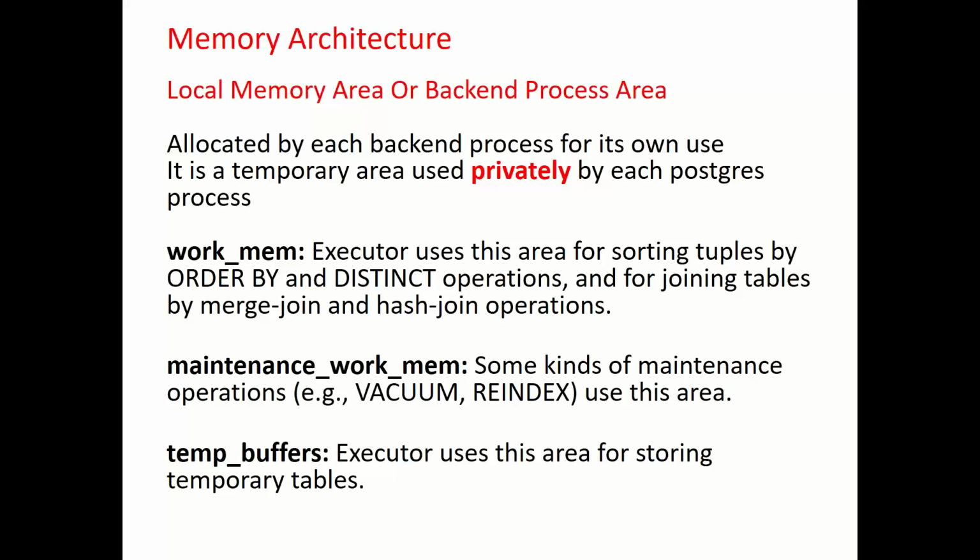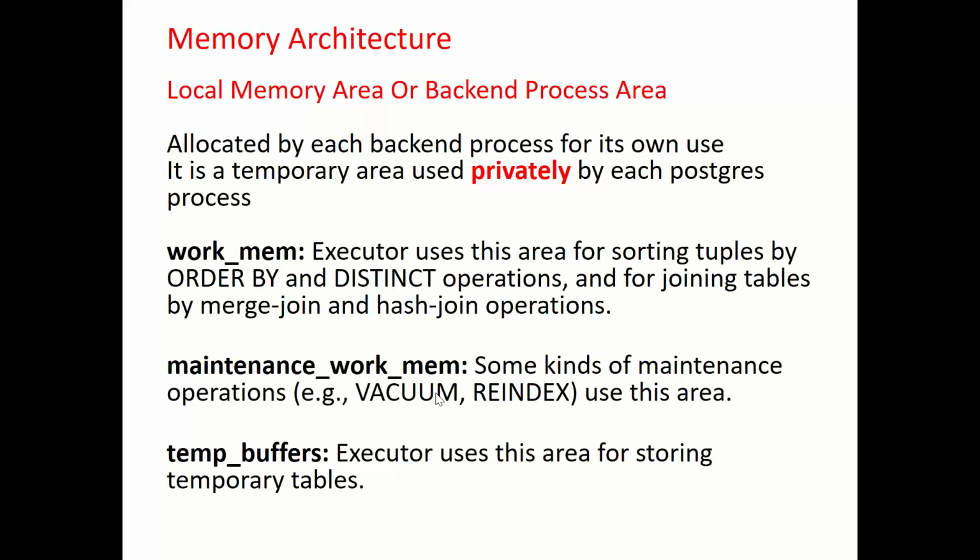What is this private memory containing? This private memory is worker memory. This worker memory is used for sorting of tuples; rows are known as tuples in Postgres. For ORDER BY clauses, DISTINCT operations, joins and hash joins, all such operations are done in the worker memory. Then there is maintenance worker memory.